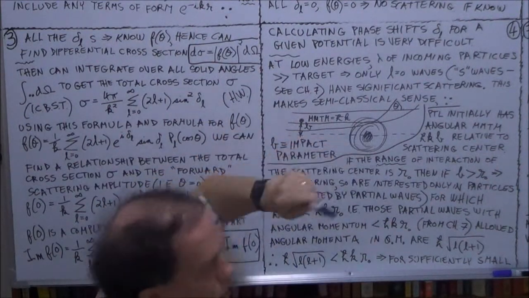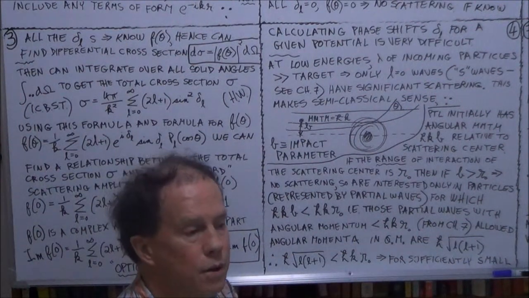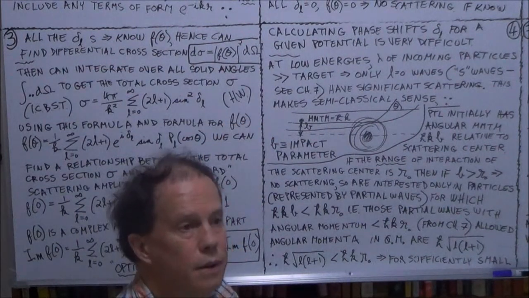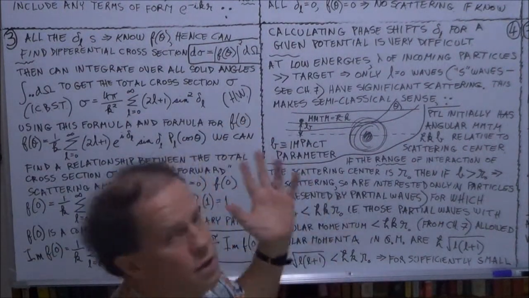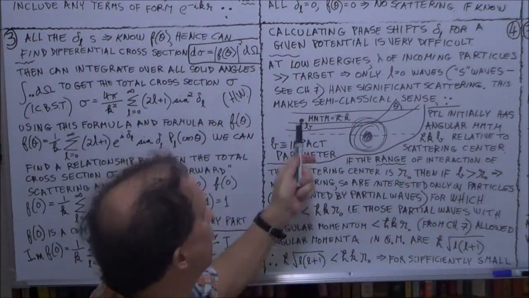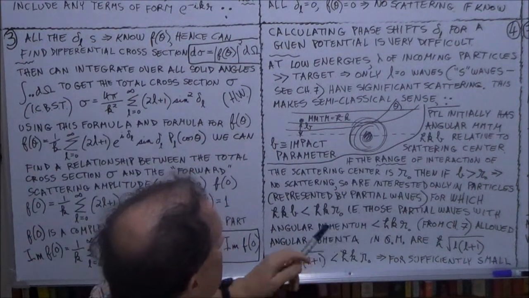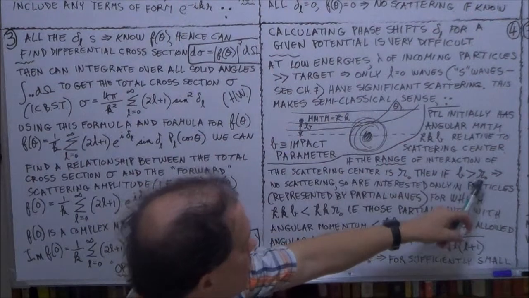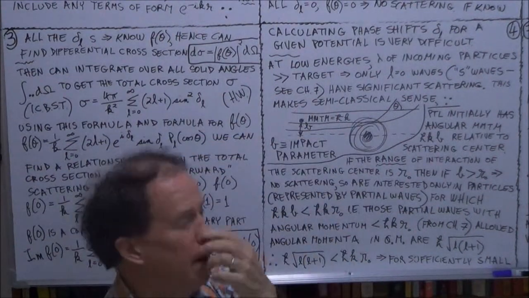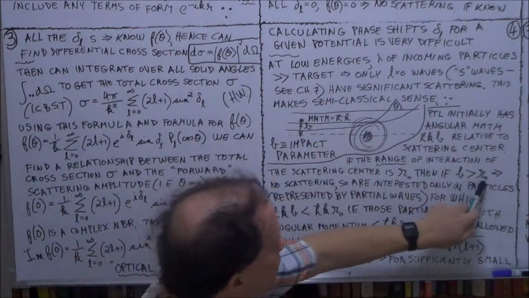Now let's assume that this potential drops off with distance, and so effectively, let's say when little b becomes large enough, there's no deflection. Right? There's no scattering. It just goes straight through. This particle is not feeling anything from this potential. Let's say the distance of interaction, its range, if you like, of this scattering particle, call that R0, right?